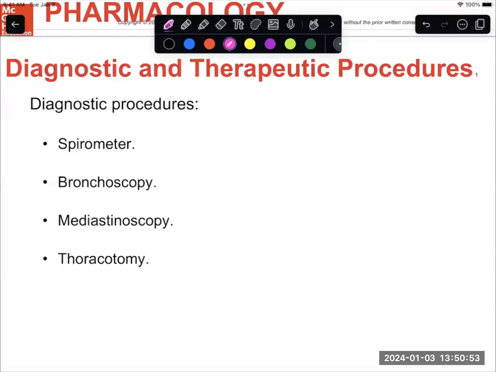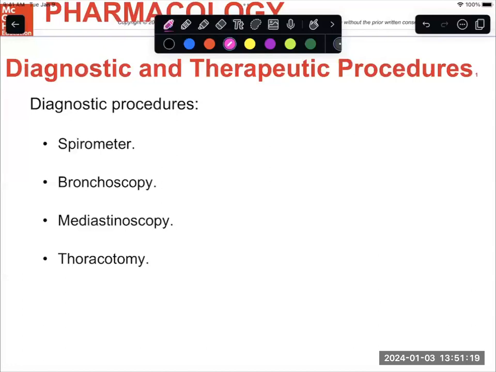We have a bronchoscopy, which is used to visualize the bronchi. So they're going to send a little camera tube down. They can also take a biopsy if they need to, or they can watch the bronchi to obtain and remove secretions. A mediastinoscopy uses an endoscope to look at the mediastinum.